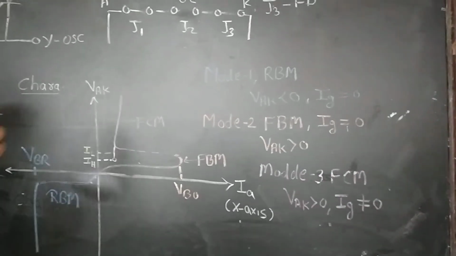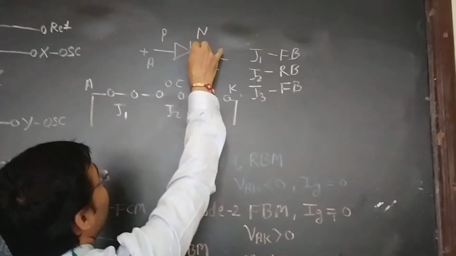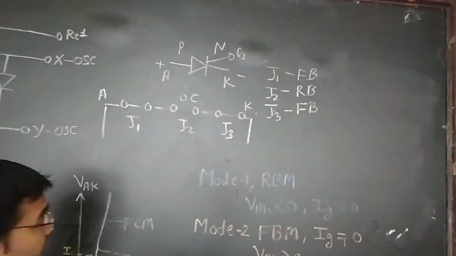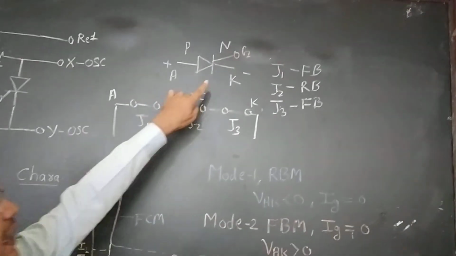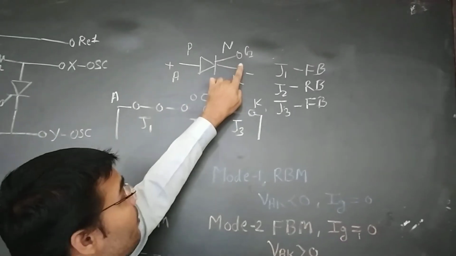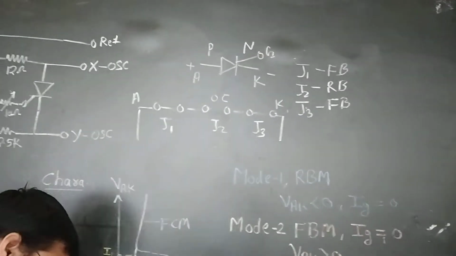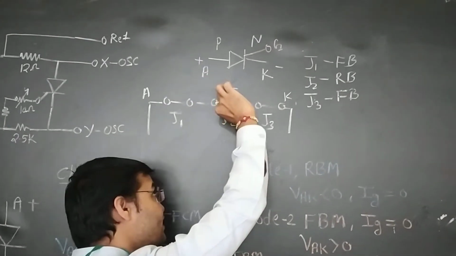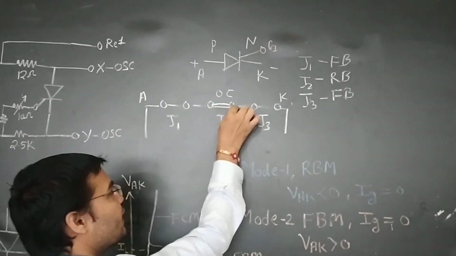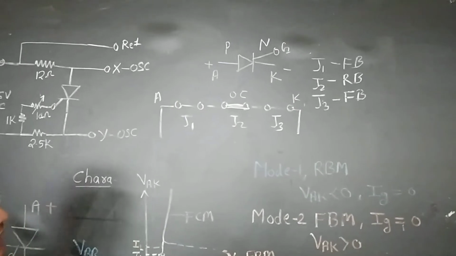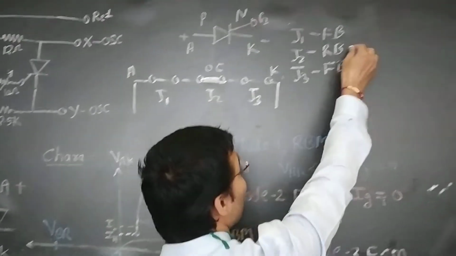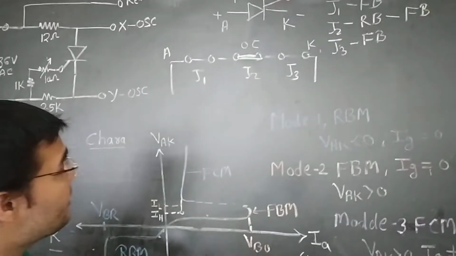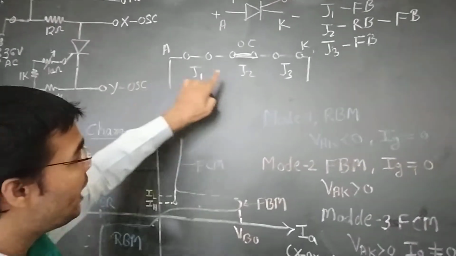I will draw the gate terminal, where we provide some gate current. Whenever we provide the gate current, the depletion layer vanishes. When the depletion layer vanishes, the junction J2 becomes a short circuit, and current flows from anode to cathode.